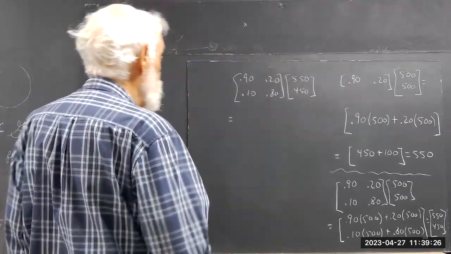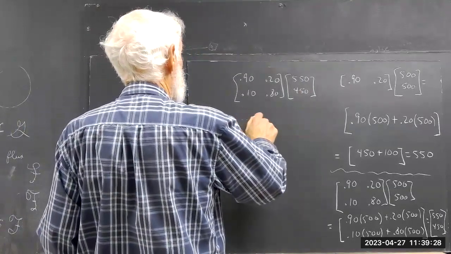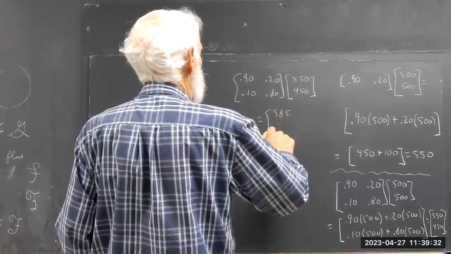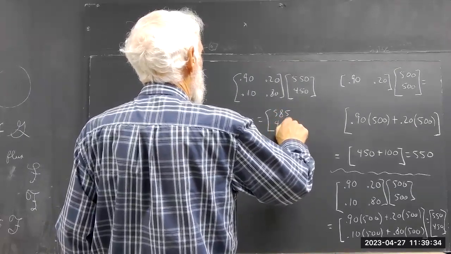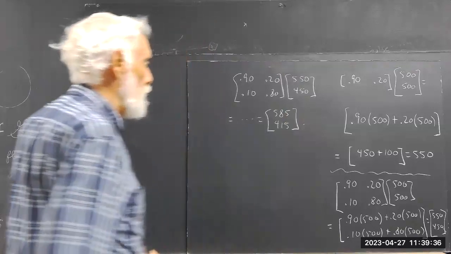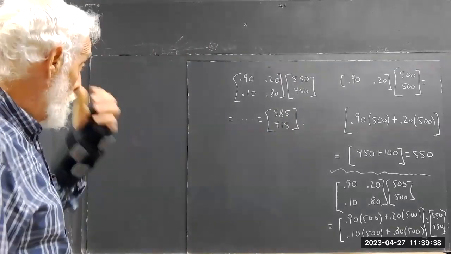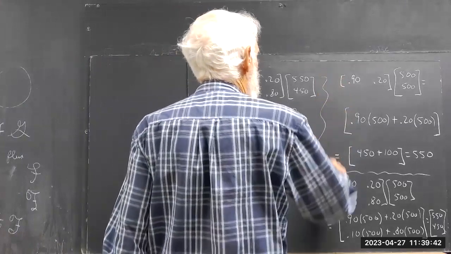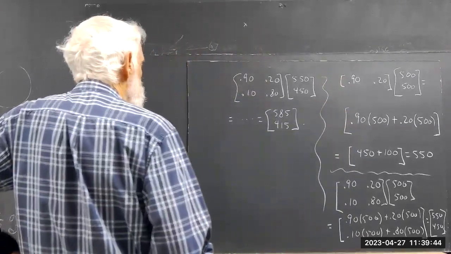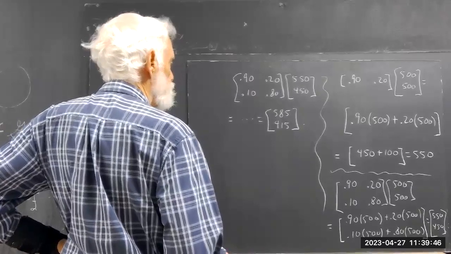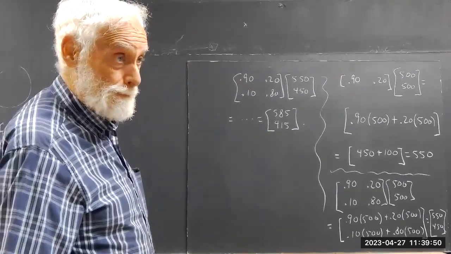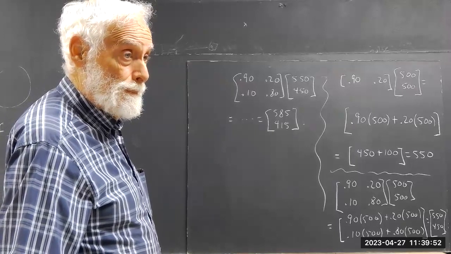Then we end up with 585, 415. This is how much we have the day after tomorrow. Okay.